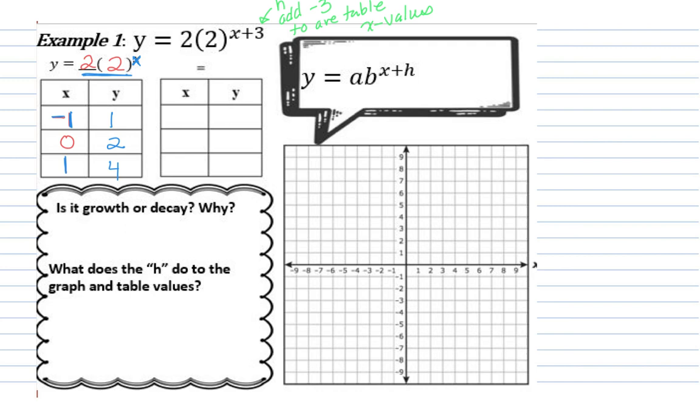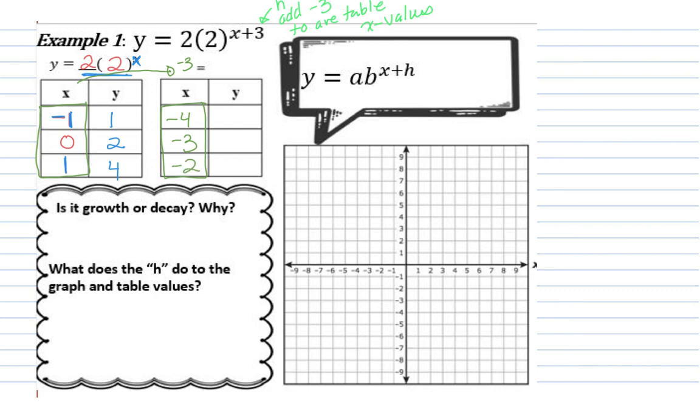So that means we are going to subtract 3 from our x values. So these x values that are in this box are going to be 3 less than the original box that were these. So we're going to have -1 minus 3. We're going to get a -4. And then 0 minus 3 gives us -3. And then 1 minus 3 is going to be -2.